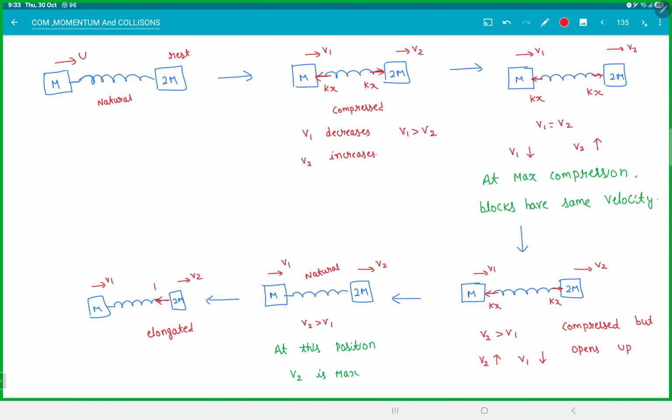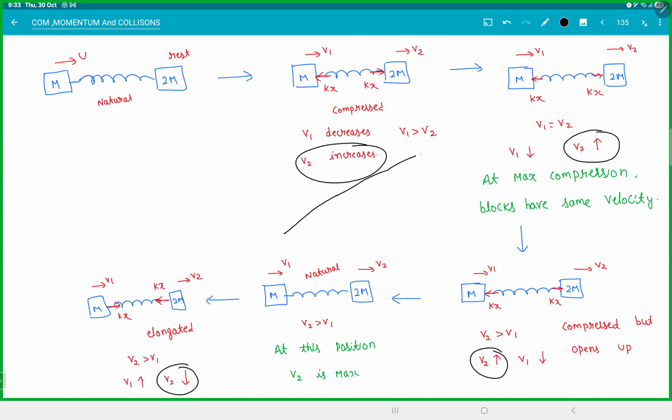The spring will pull M forward and pull 2M back. Remember, V2 is still greater than V1, but now V1 is increasing and V2 is decreasing. Observe: V2 was increasing, increasing, increasing, and then decreasing. That means this position is your maximum, isn't it? Is that making sense? So you get the maximum speed of the second block when the spring reaches natural length again. Then it will again go to maximum elongation.